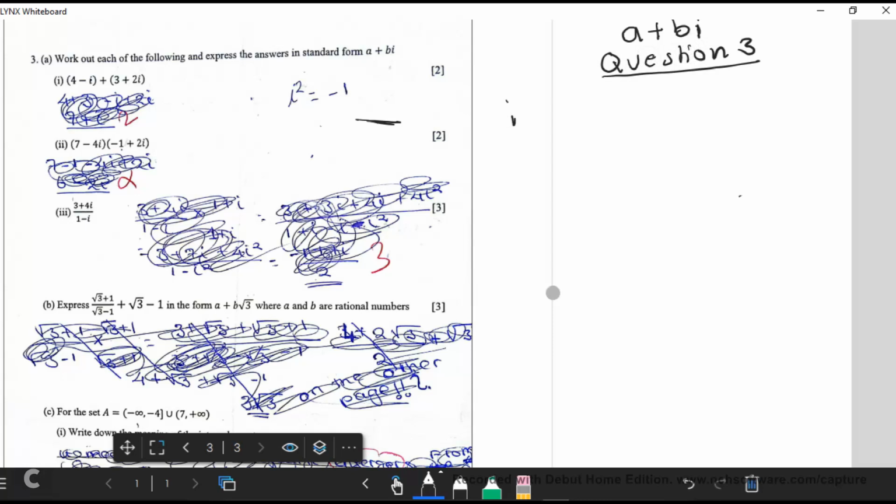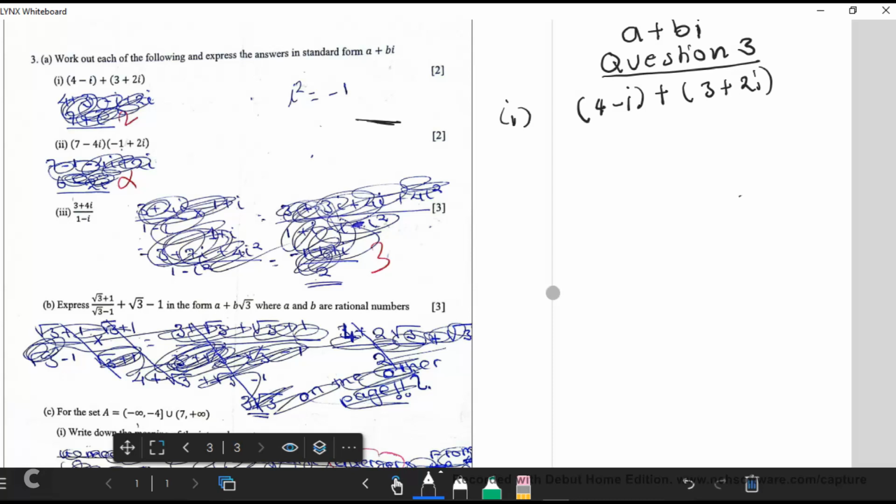So question 3, part 1: it's 4 minus i plus 3 plus 2i. The way we add is the imaginary part plus the imaginary part, then the real part plus the real part.